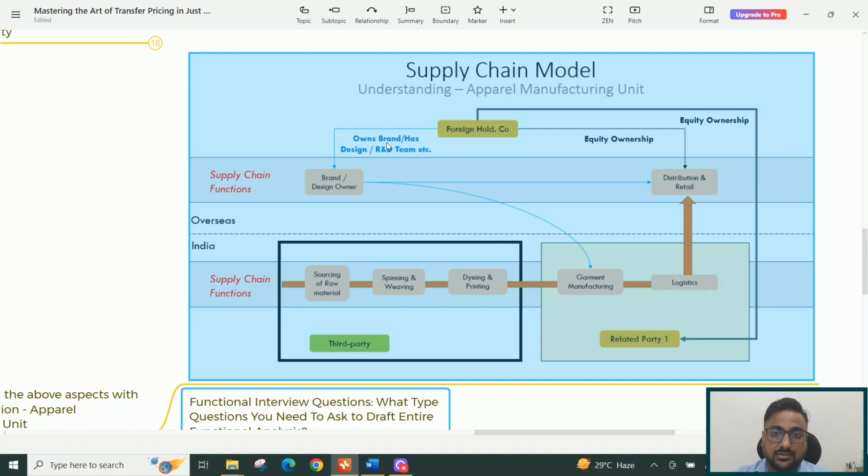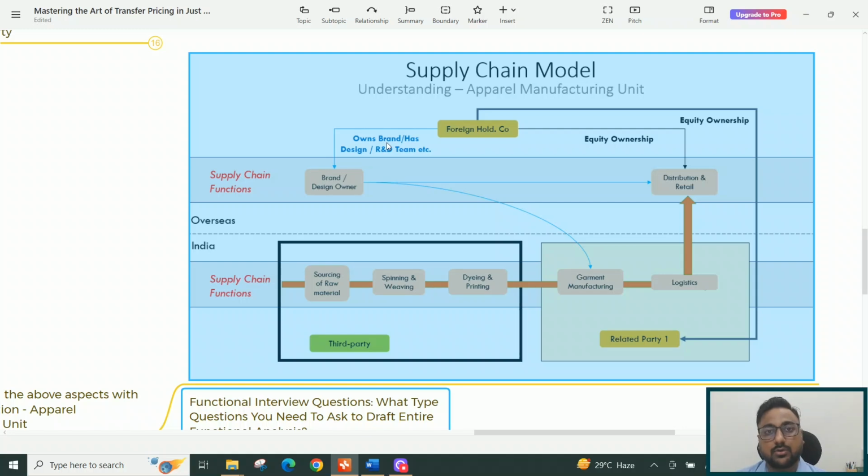I hope this is clear through this bit detailed supply chain model. Generally in certain cases like IT service companies, it may not be that detailed when simple services are provided. It may also happen that if it goes under development services, there are DevOps, then testing is being done, then all such critical functions are also being done by the Indian counterpart.